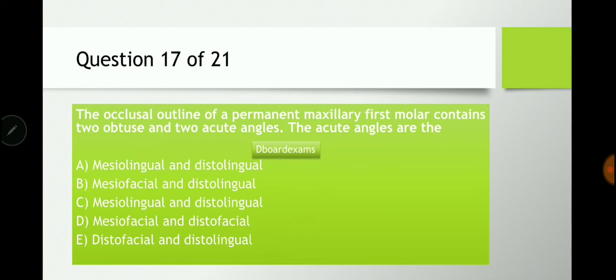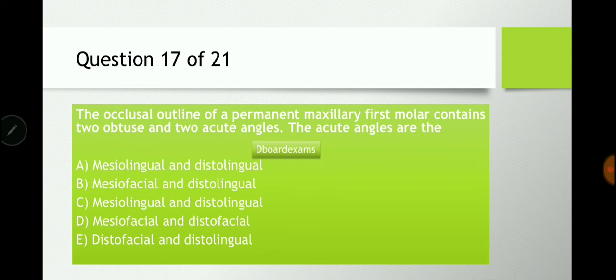Is it the mesiofacial? If the answer has mesiolingual, just remove it, because on the maxillary first molars the mesiolingual cusp is a large cusp. It has a large angle, so that's not going to be an acute angle. So A and C are out so far.